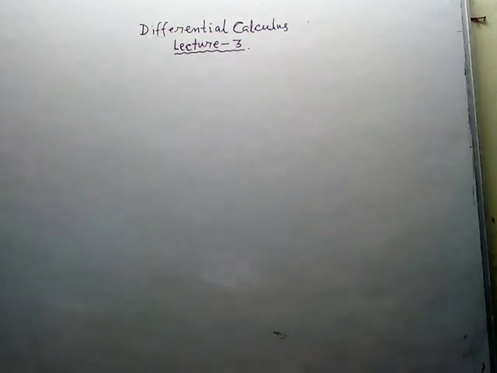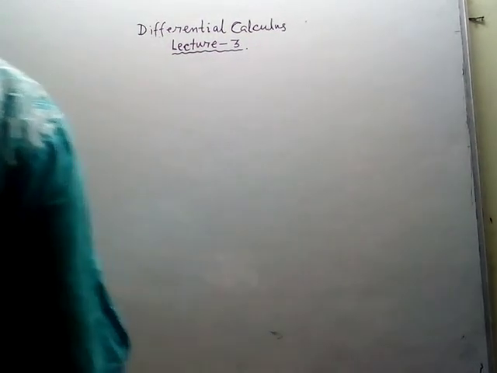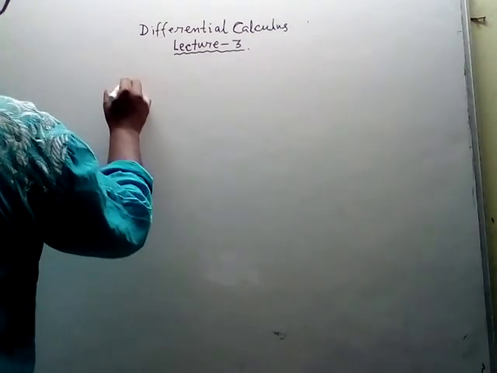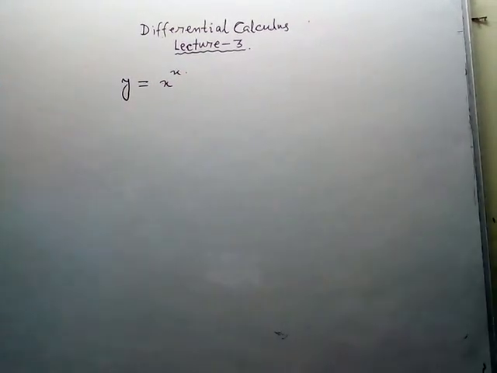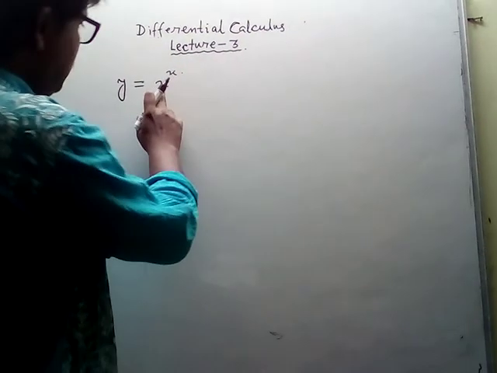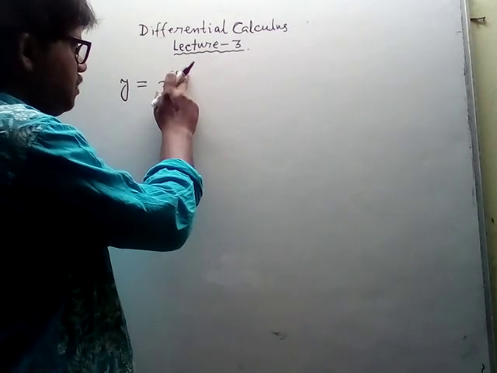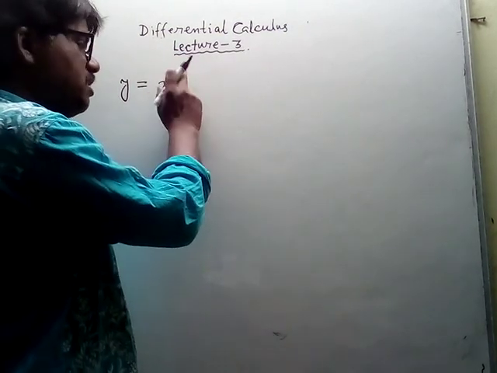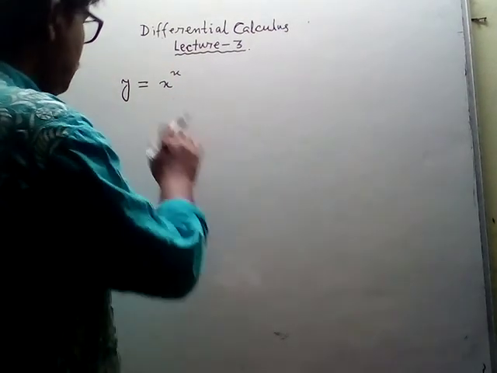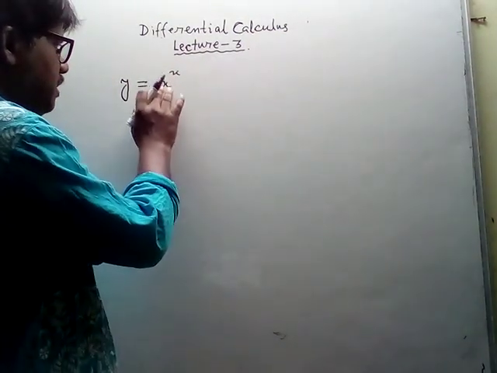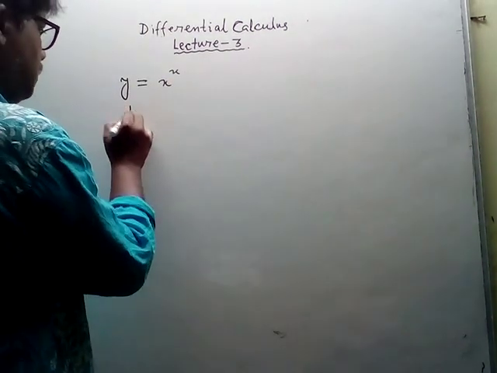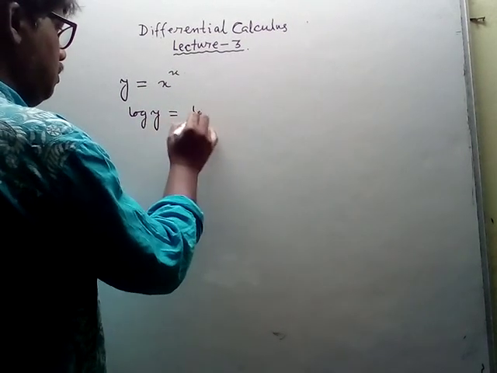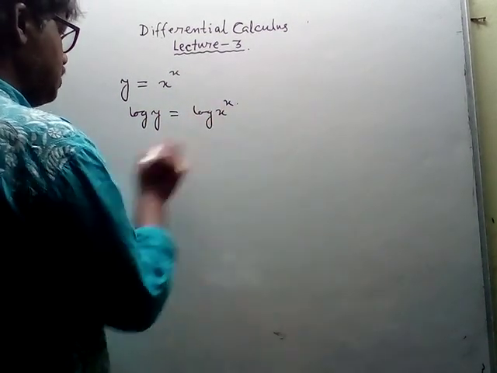Now another example: y equal to x to the power x. This is an exponential function, but both the base and the index are variable. To find the derivative of x power x, we have to take log on both sides. Take log of x power x, the base is always e.